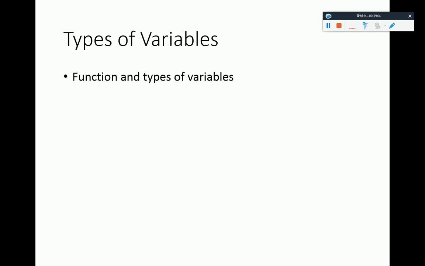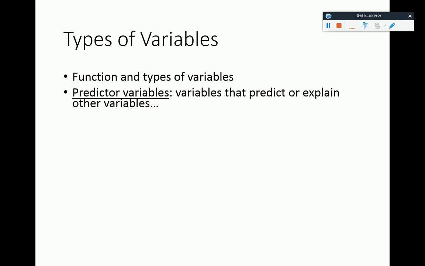Once we say that the function of a desk is to support a person when the person sits, we're talking about its use. Similarly, we can describe variables depending on how we use them.